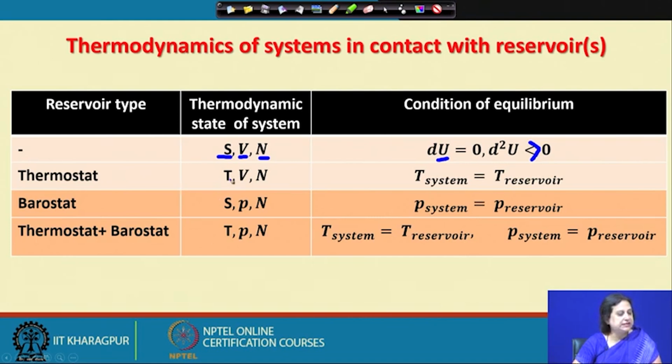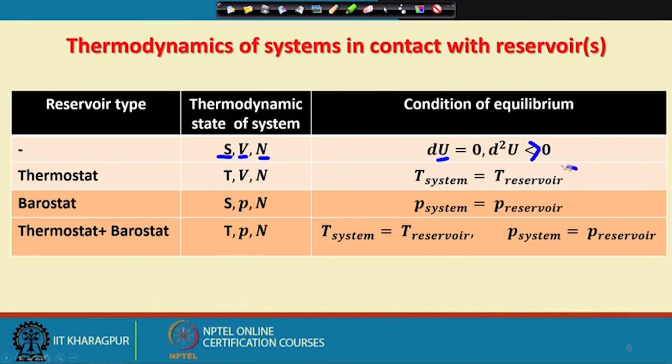I shall obviously assign the temperature value as I see from my thermometer or my digital display pad, and the volume of the system, because it is still surrounded by a rigid wall, and a constant number of particles, because the wall surrounding the system is impermeable.